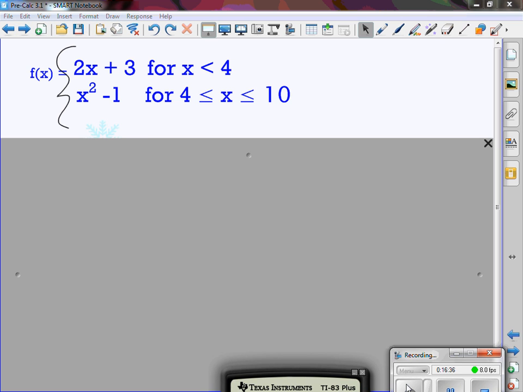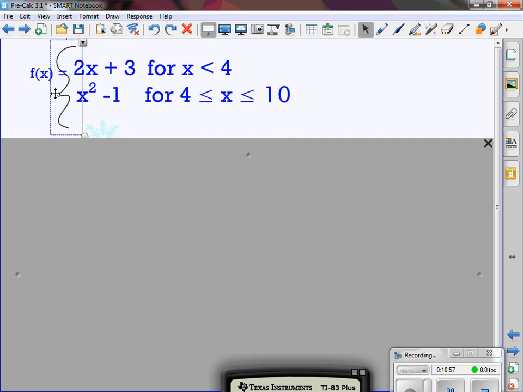You might remember these from Algebra 2. These are our step functions. So the step functions mean if x is less than 4, you use the top one. If x is between 4 and 10, use the bottom one.